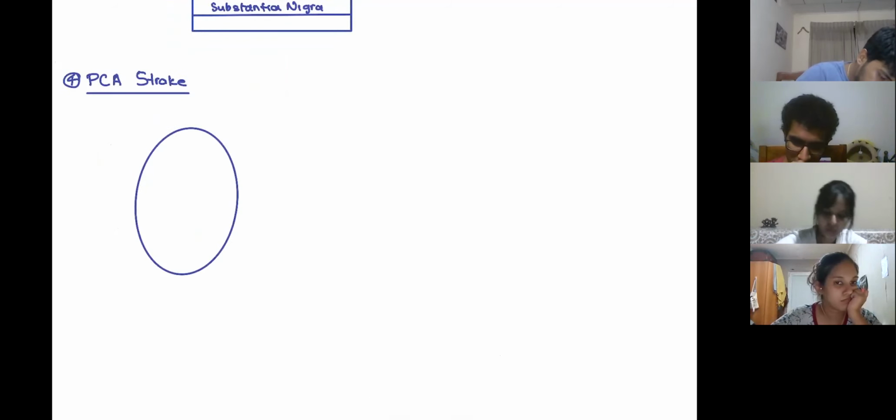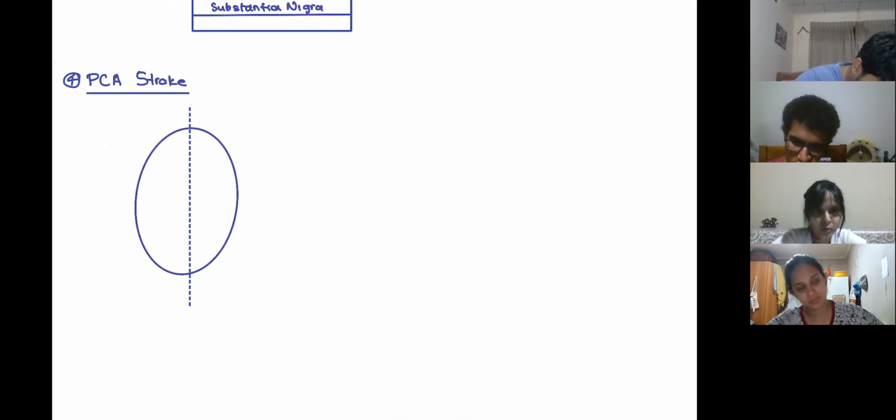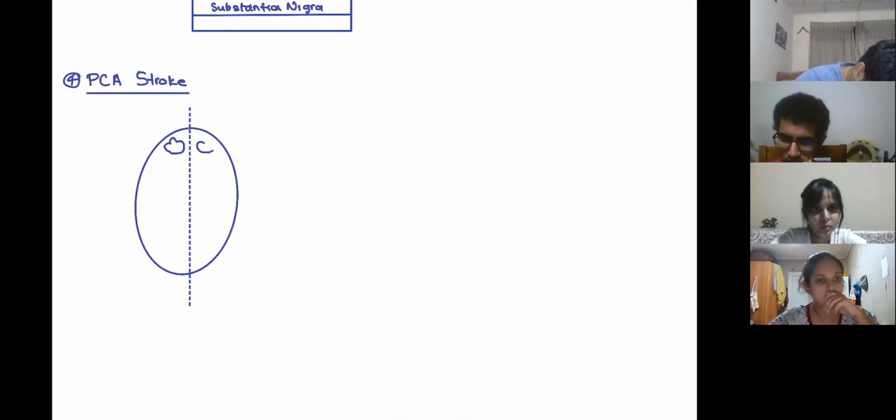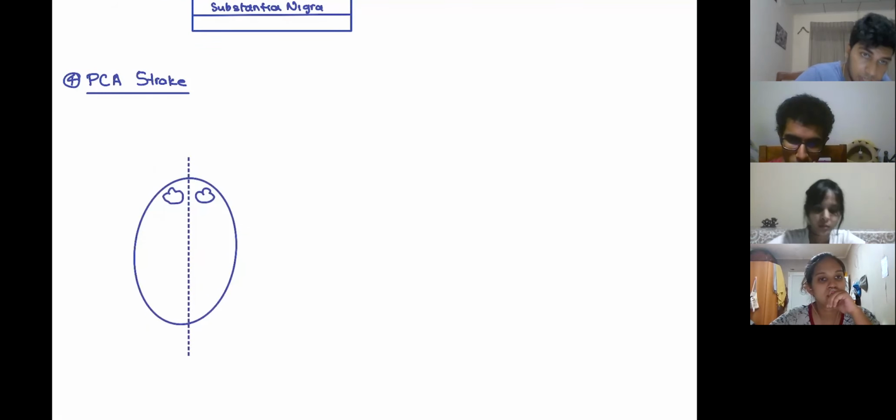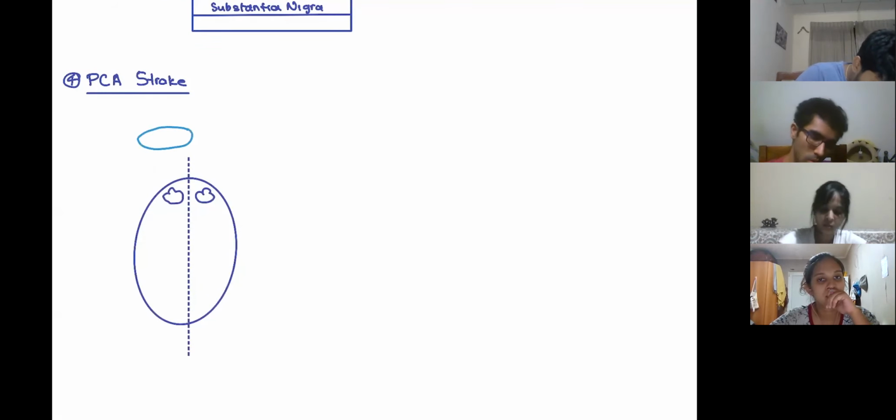Basically, what I'm drawing right now is the two sides. Okay. This is the brain, and here are the eyes. Okay, guys, we need some space above this. Sorry for that. To draw the field of vision.